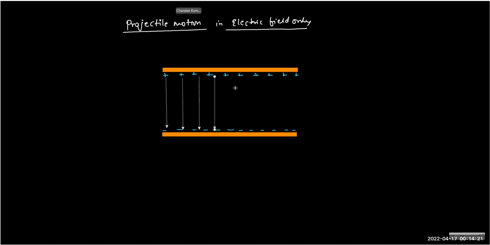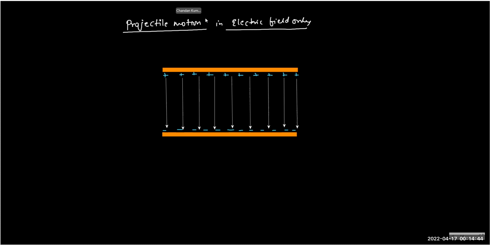So any charge in this field will experience a force in which direction? Either downward or upward. Yes, sir. So if a positive charge enters this region, the force will be downward or upward? Downward, sir.